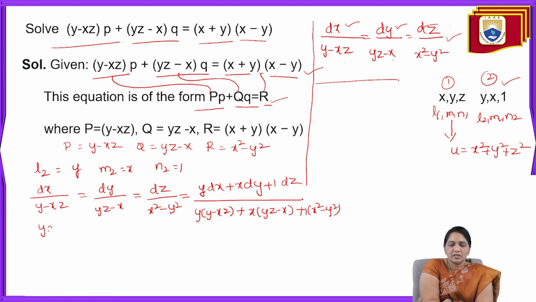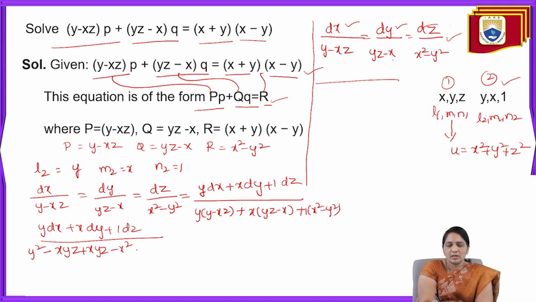So y dx plus x dy plus 1 dz by y square minus xyz plus xyz minus x square plus x square minus y square. So xyz will be cancelled, x square minus x square, y square minus y square. So the denominator is 0, meaning y dx plus x dy plus 1 dz by 0.